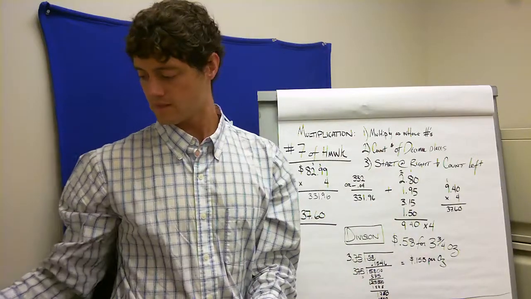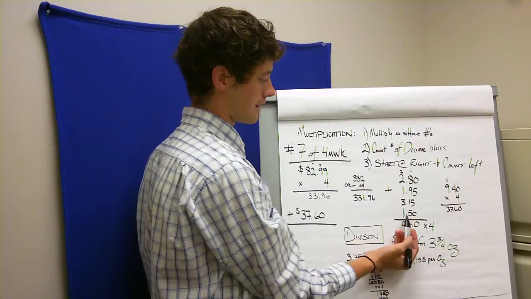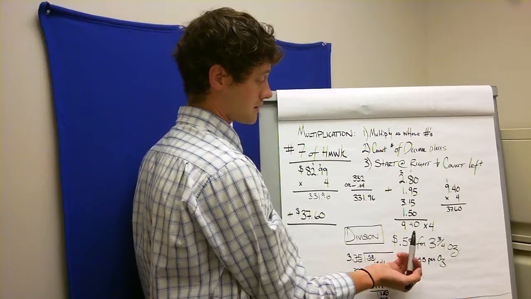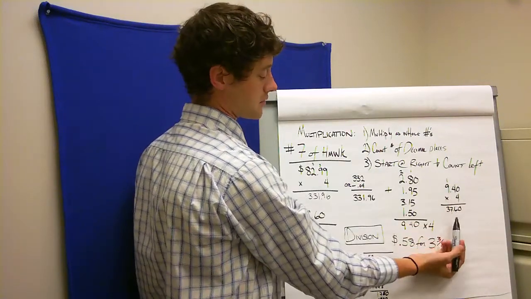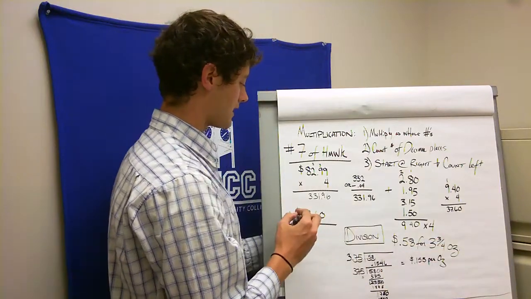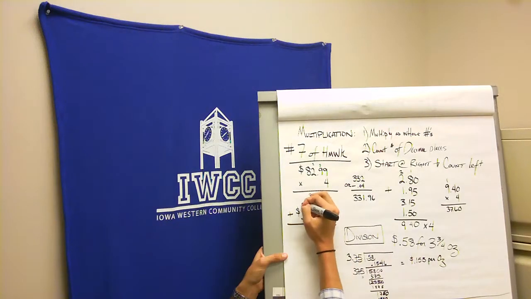So we add that together, and this gets you to use your addition skills that you just had with decimals, and you get 9.40 times the 4 tires. Then you get to implement your multiplication skills, 37.60. Now you add that to your total cost, and let me align these so I can actually add them.